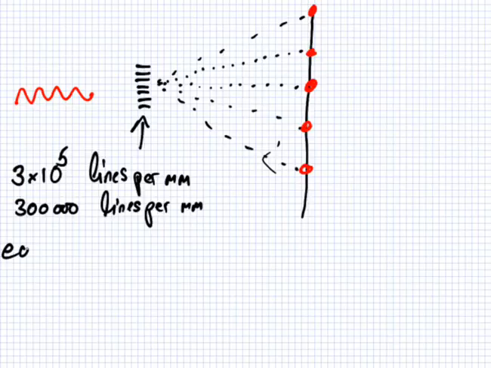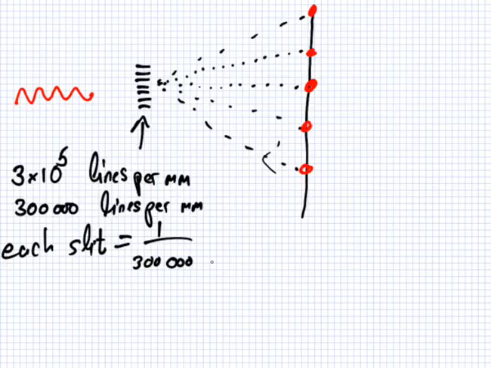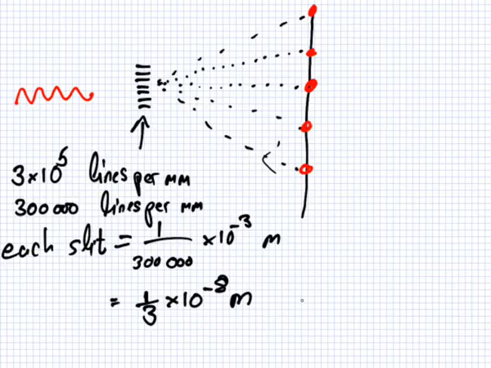That means each slit is equal to 1 over 300,000 millimeter. So that's 1 over 3 times 10 to the minus 8 meters, which is 3.33.